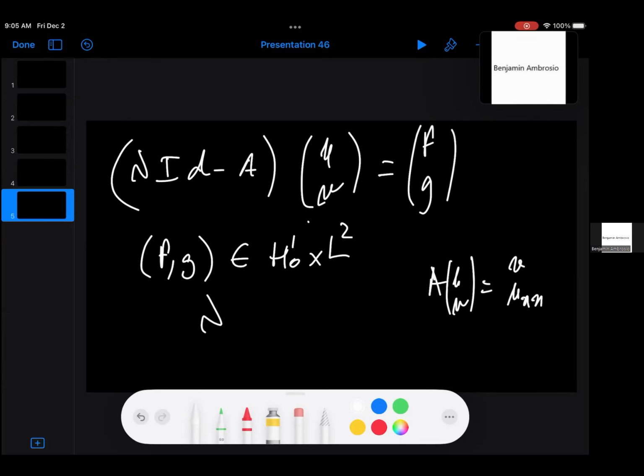So if I look at (lambda identity minus A)(u, v), I will get lambda u minus v equals f, and lambda v minus uxx equals g. It's not u, of course, it's f.